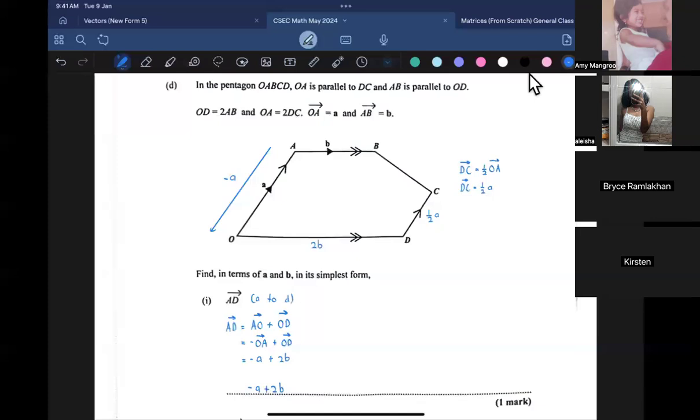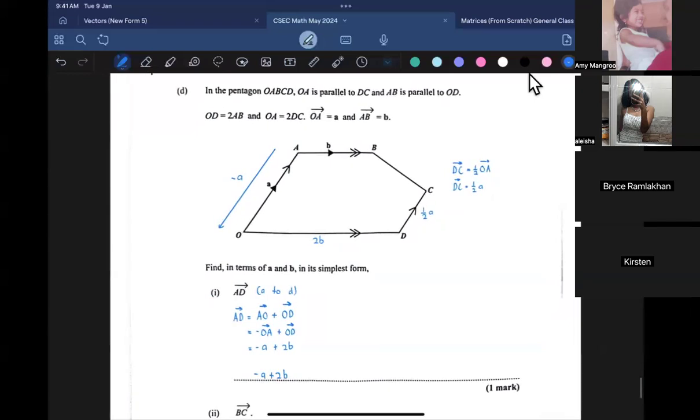So it would be minus A, plus the vector O to D, which is 2B. Perfect. That's correct. So just keep in mind, guys, anytime you change direction, you change the sign. So that's it for that question.